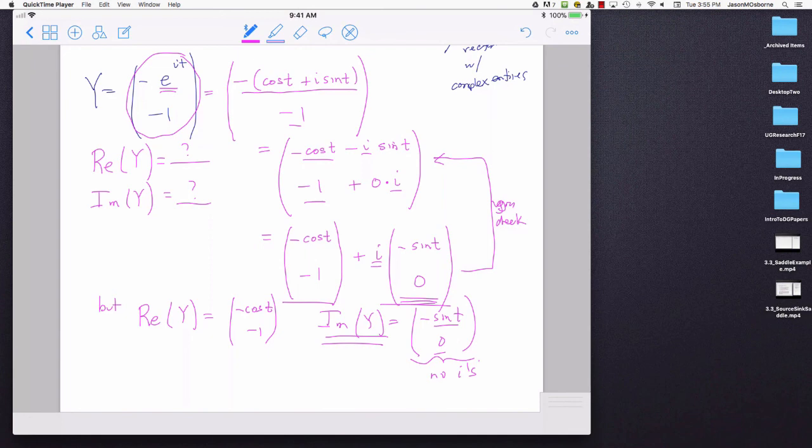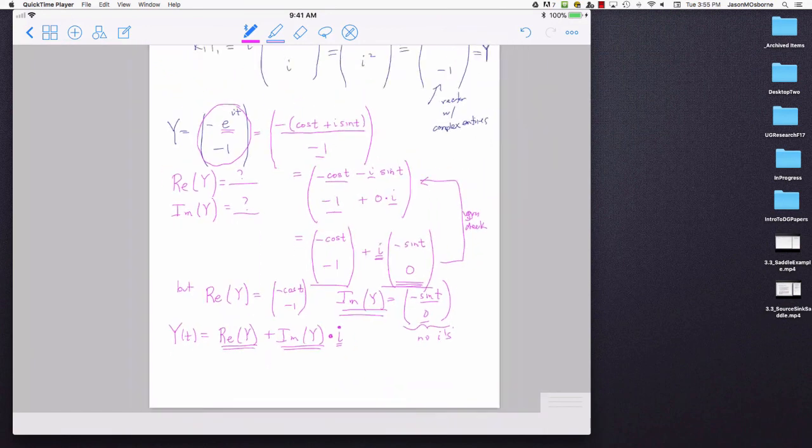So what we've shown here is that a vector y of t can be split into two parts: its real part added to its imaginary part times i. The imaginary part and the real part of the vector are themselves vectors that don't have any imaginary numbers, and the i is there because you factored it out.